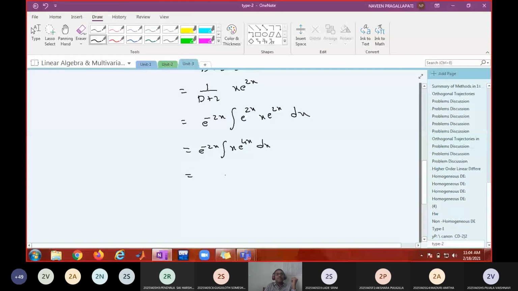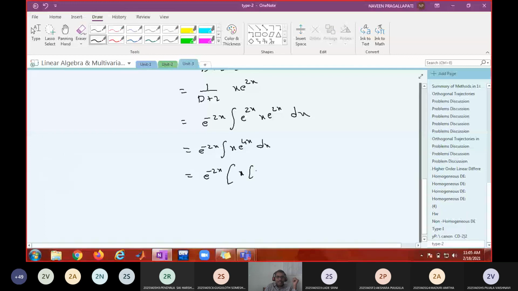What is the integral of x e^(ax) formula? It is e^(ax) times (x - 1), or we'll apply integration by parts and see.